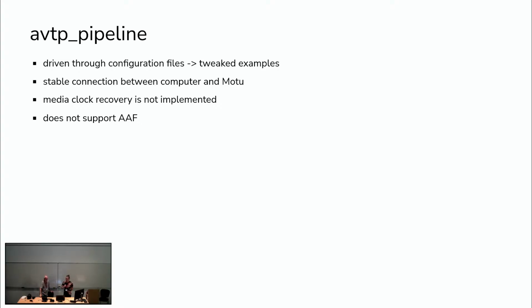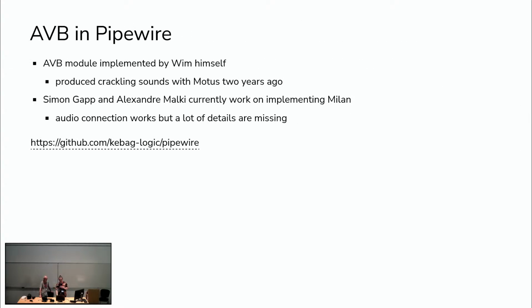But if you also want to use new devices, we would need AAF support, and that's not in the AVTP pipeline. But the AVTP pipeline supports JACK. So that's also a plus. For the future, AVB and PipeWire is probably the best approach.